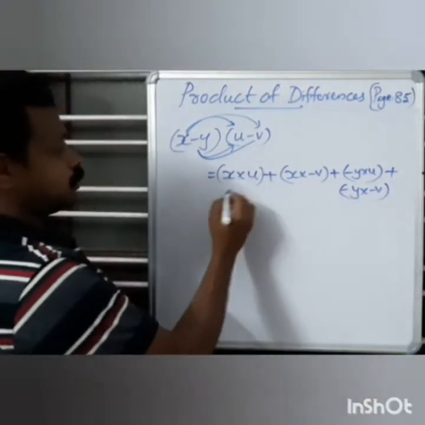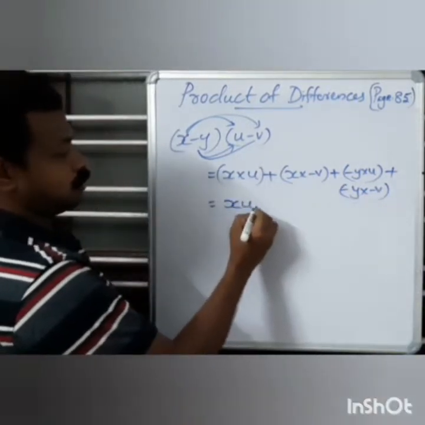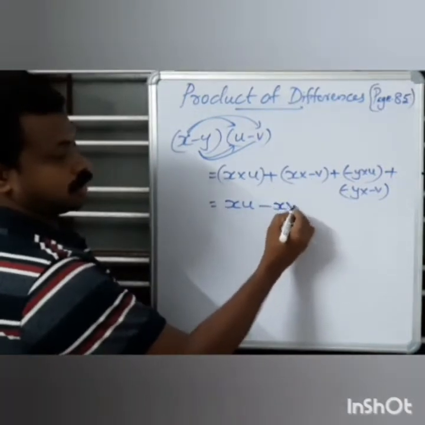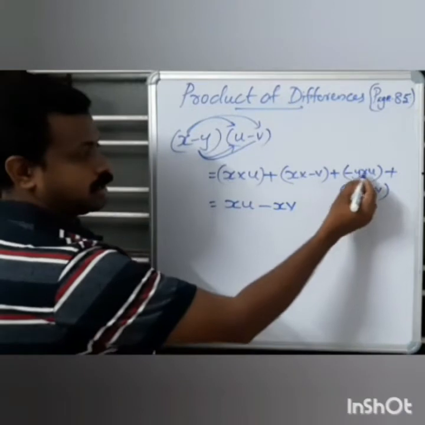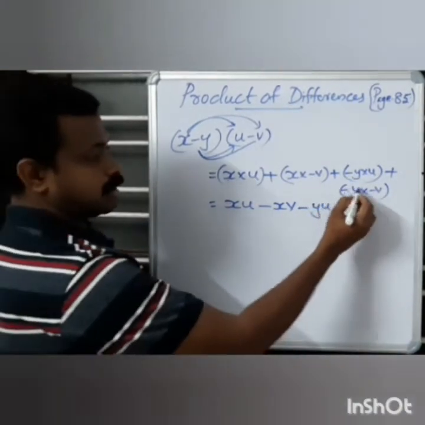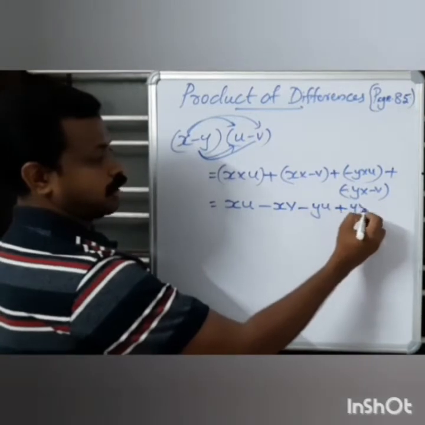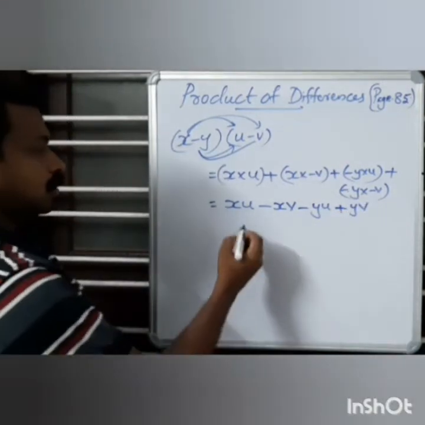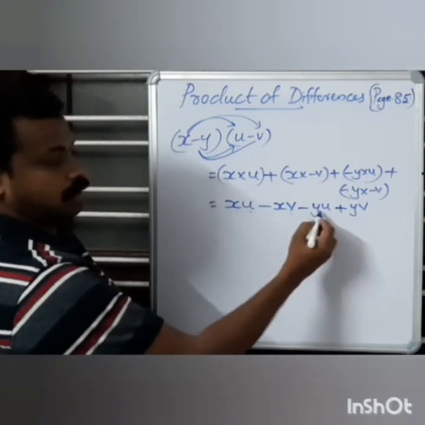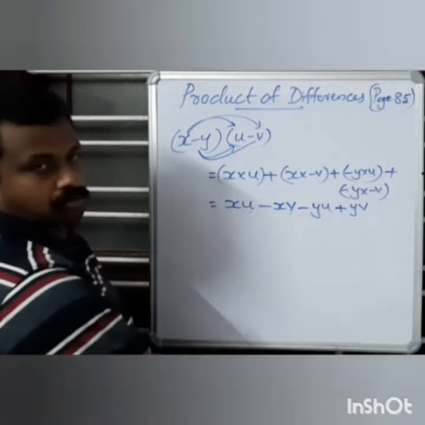Then x into u is xu, x into minus v is minus xv, minus y into u is minus yu, minus into minus plus, so yv. So the final answer we are getting is xu minus xv minus yu plus yv.